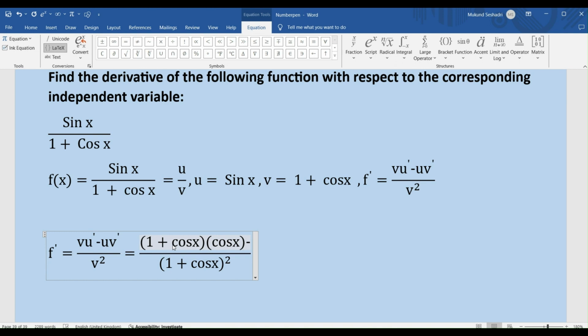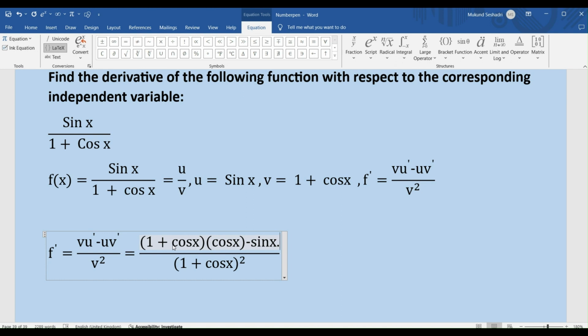My u is sine x, and my v dashed is d by dx of 1 plus cos x, right? Looks like my v itself is a sum of two functions, right? And if I can apply the sum rule of differentiation to arrive at v dashed, what do I get?